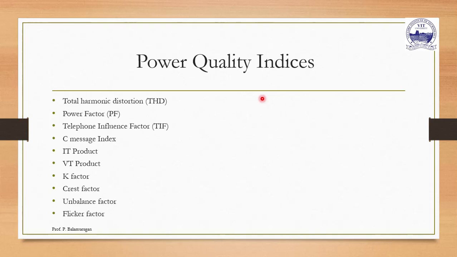Then the indices or factors to be measured to quantify the power quality problems. The first is total harmonic distortion, then the power factor, telephone influence factor, C message index, IT product, VT product, K factor, crest factor, unbalance factor, and flicker factor.